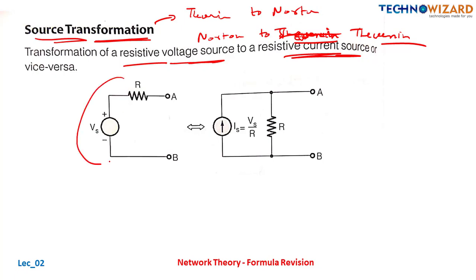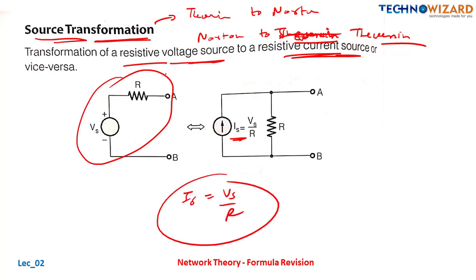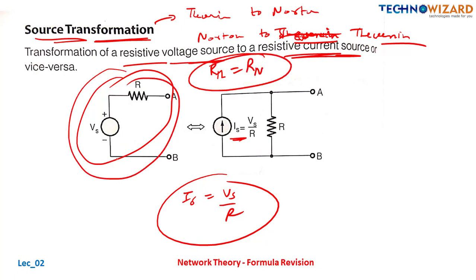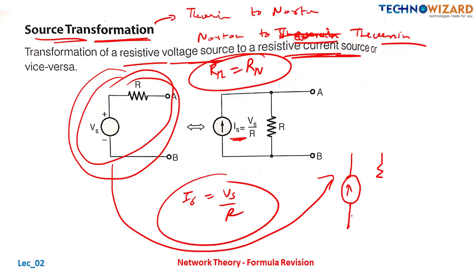Here, this is the Thevenin equivalent circuit. If you want to find IS, then IS will be equal to Vs upon R, and R will remain the same. Here RT, the Thevenin resistance, is always equal to the Norton resistance, that is RT is equal to Rn. If this circuit is given and you want to find the Norton circuit, then the current will be IS, which is equal to Vs upon R, and the resistance is connected in parallel to the current source for a Norton circuit. This is how you can do source transformation from Thevenin to Norton and Norton to Thevenin.